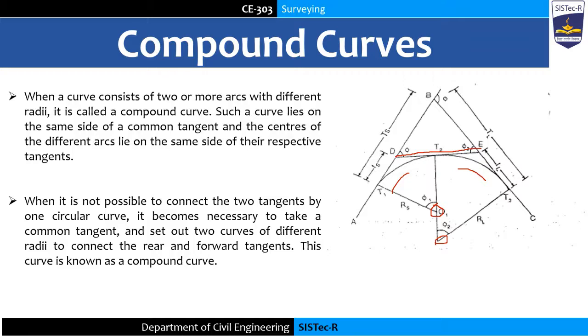So when it is not possible to connect the two tangents by one circular curve, we use a compound curve. It becomes necessary to take a common tangent and set out two curves of different radii to connect the rear and forward tangents. You can see that this is the compound curve, which consists of different arcs of different radii.